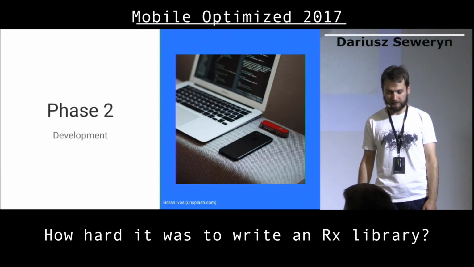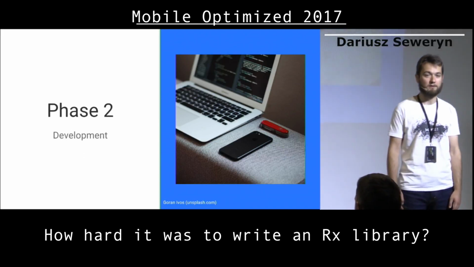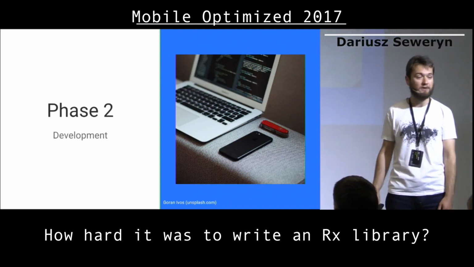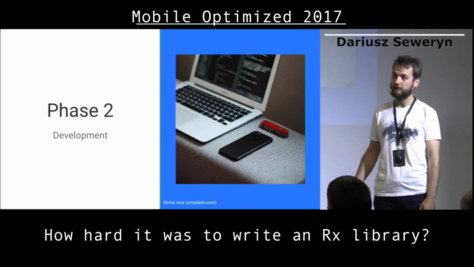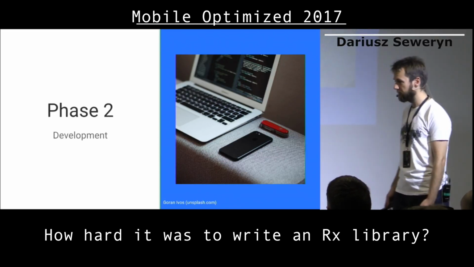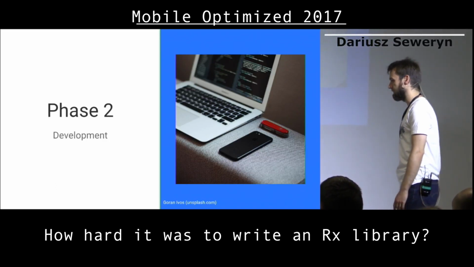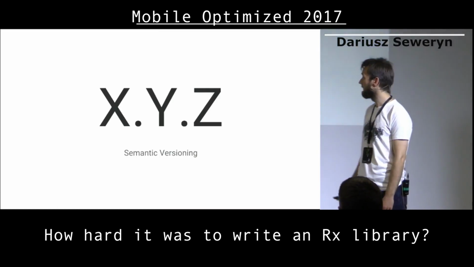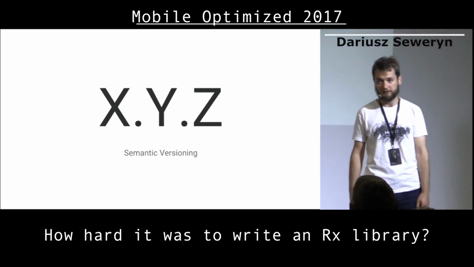And for users to know when they can safely update a library without the need of touching the code, there's a well-established way of doing that in the industry. It is semantic versioning.